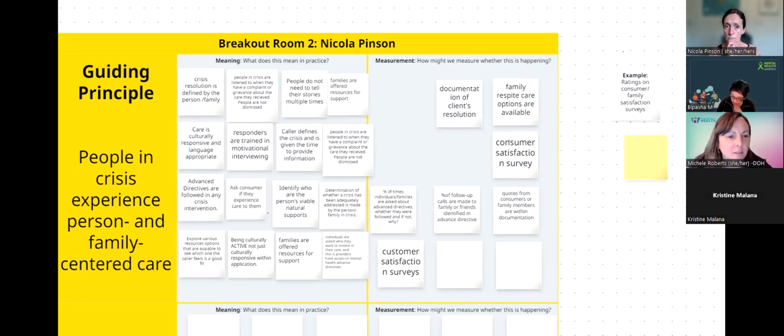I appreciate seeing all the pieces about advanced directives, and I think that's a big theme here. It seems like a pretty important piece of the system that would influence all the other aspects of care.